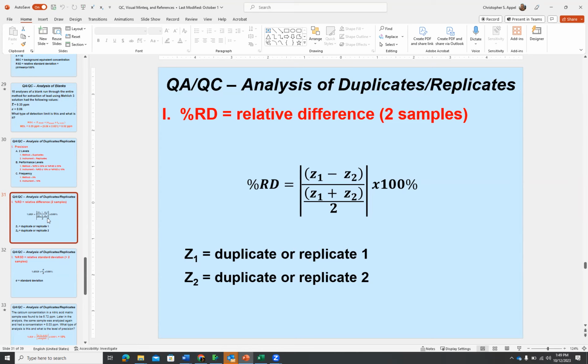I'm using Z1 minus Z2, and then that's divided by the average of your Z1 and Z2, and then you're multiplying that whole thing by 100%. But we want the absolute value of the whole thing, so I'm going to put another parenthesis all the way around it.